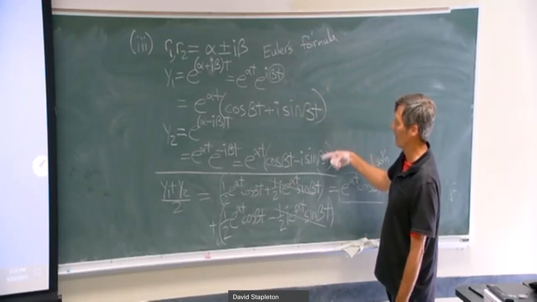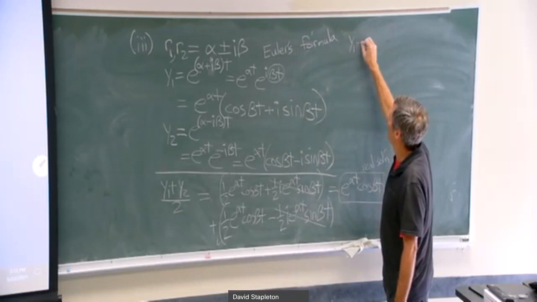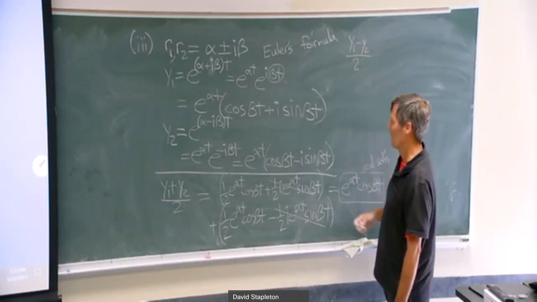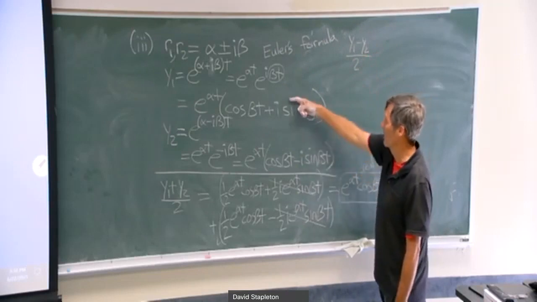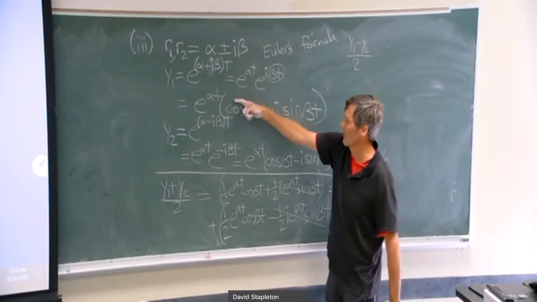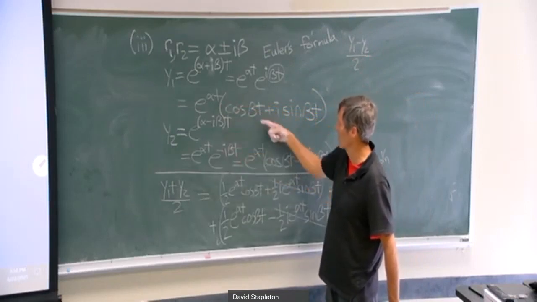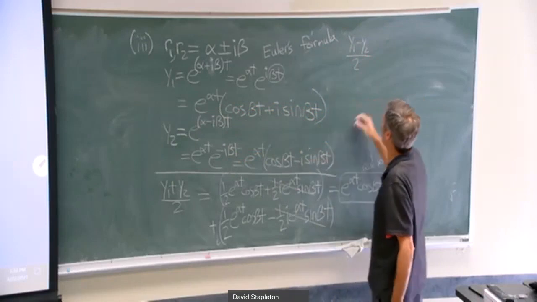Maybe if I subtracted these, I could get something to cancel out, right? If I took y1 minus y2 over 2, well, what would I get? I take this one minus this one, and now the cosine parts would cancel, right? This times this would cancel, this times this, so the cosines would cancel. And I get this one minus this one would be 2i sine beta t.